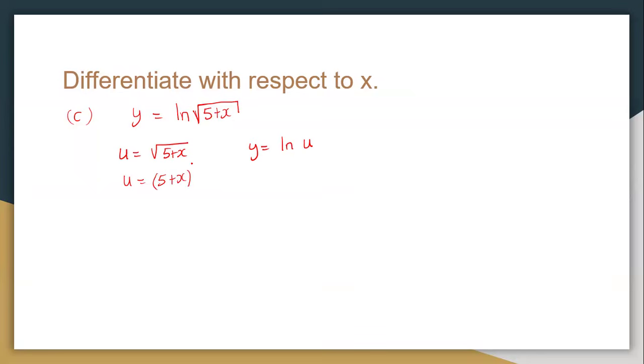So to find du dx, we shall use chain rule. We drop the half, then multiply by 5 plus x. We subtract a half minus 1 to get negative a half.